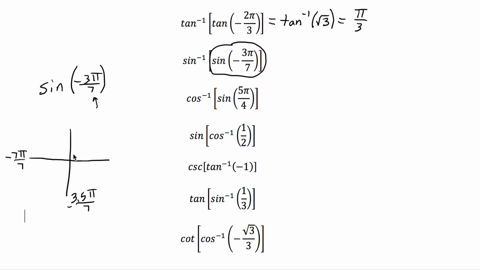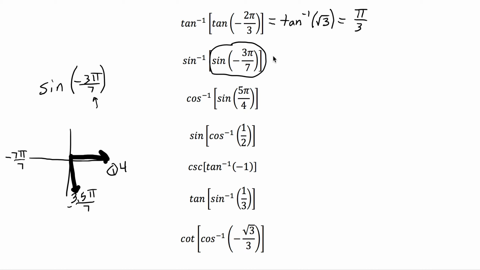Okay, so when I draw my angle, there's my initial side. My terminal side is going to come in maybe right about here. Okay, but quadrant 4. So you want to make yourself a note, hey, that angle is in quadrant 4. All right, so what is sine at that angle?